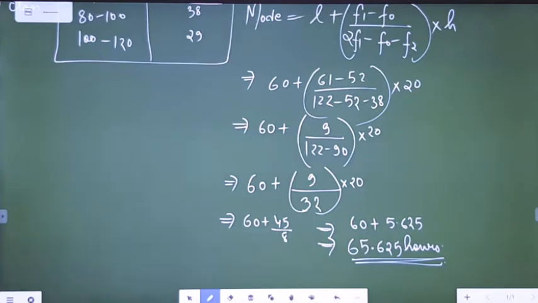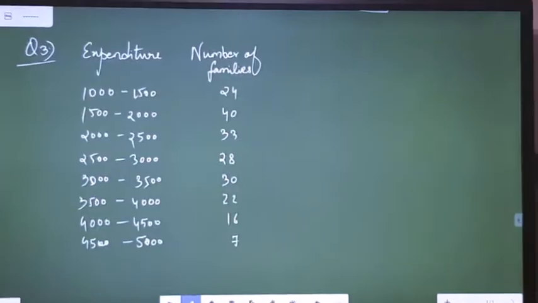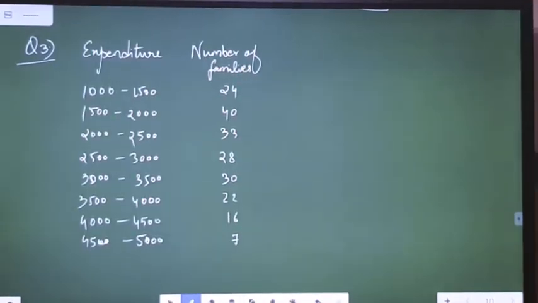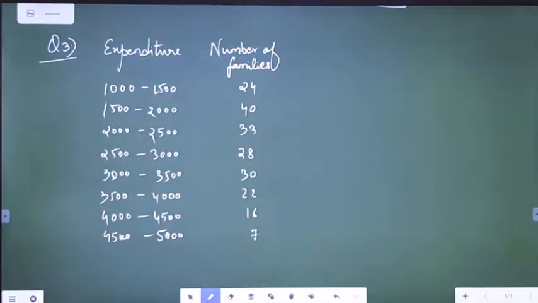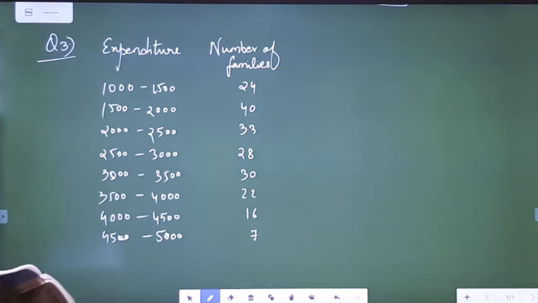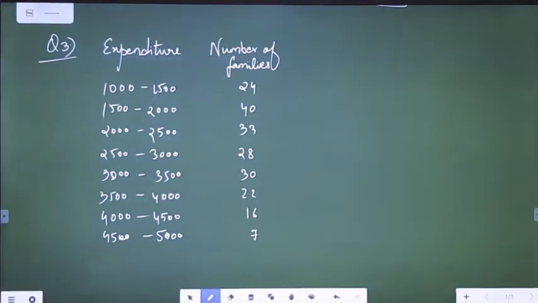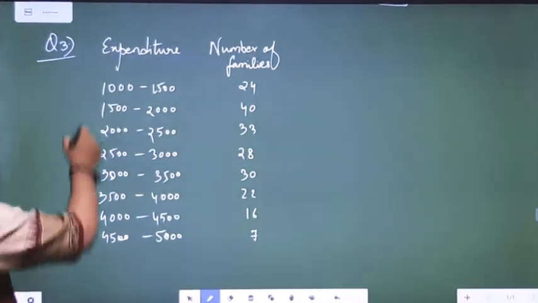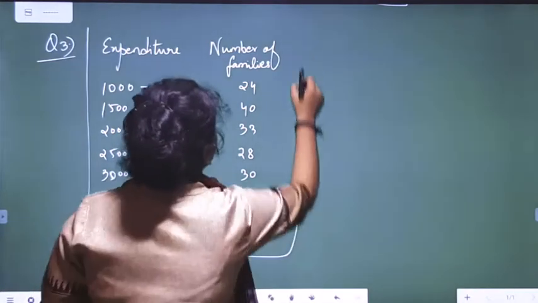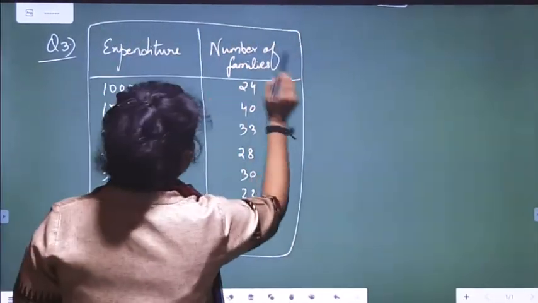Next we will be doing question number 3. In question number 3, the following data gives the distribution of the total monthly household expenditure of 200 families in a village. We have to find the modal monthly expenditure of the family, and also we have to find the mean monthly expenditure of the family. Since you already know how we calculate the mean, I hope you will be doing the calculation for mean by yourselves.